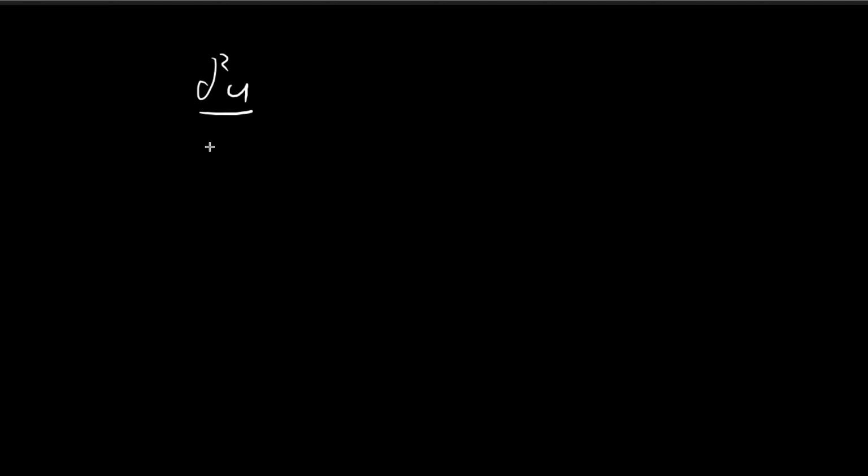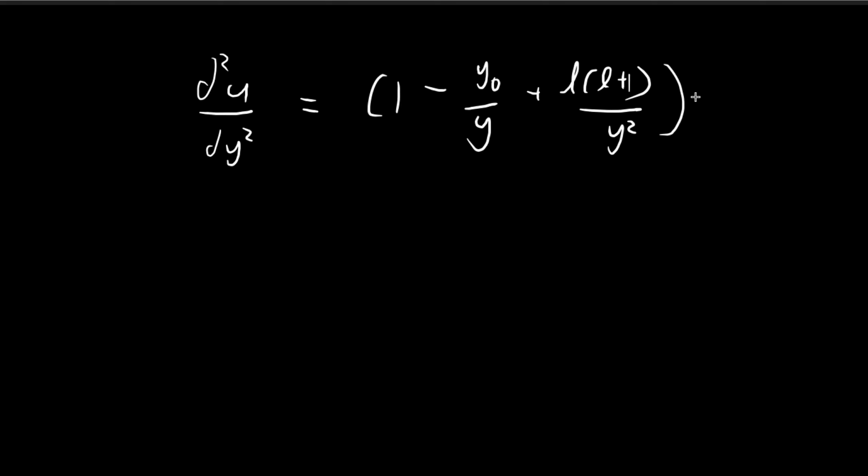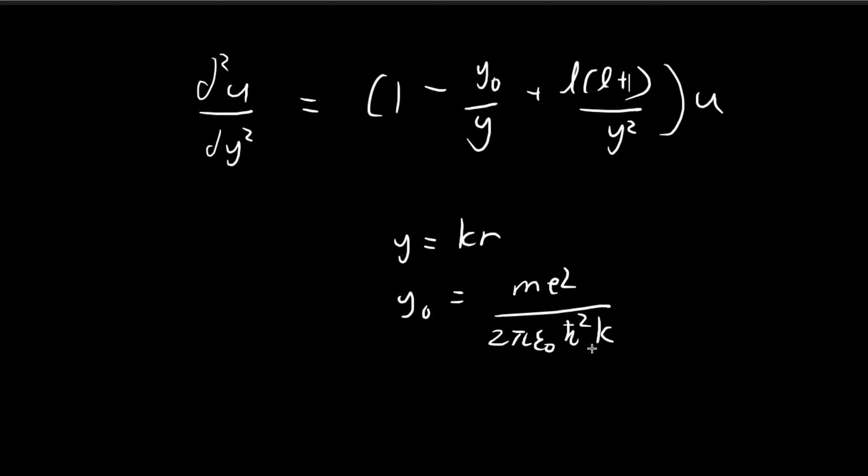So we know that d squared u dy squared is equal to 1 minus y naught divided by y, plus l times l plus 1 divided by y squared, times u, where y is equal to kr, y naught is equal to me squared divided by 2 pi epsilon h bar squared times k, and k is equal to the square root of negative 2mE divided by h bar.